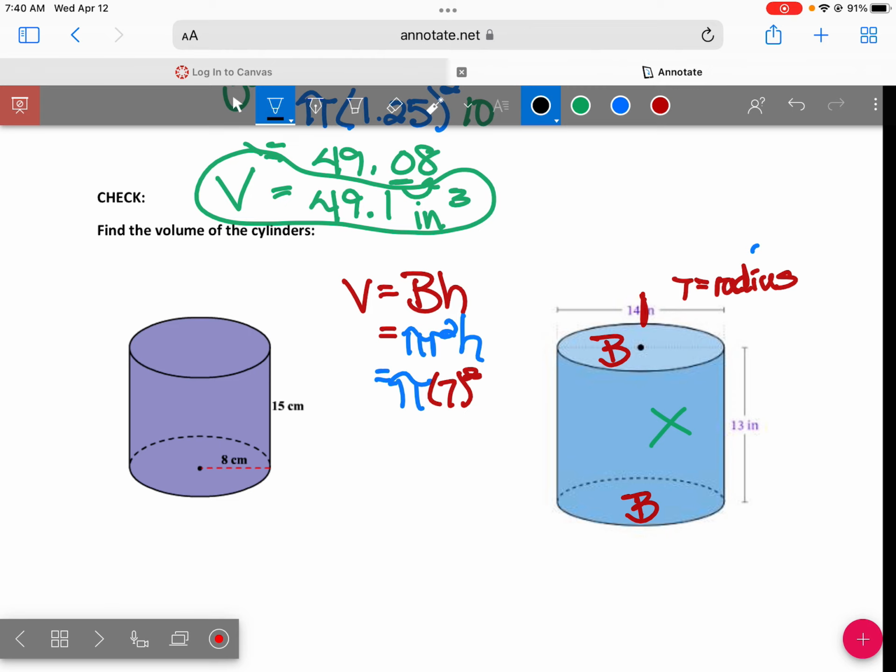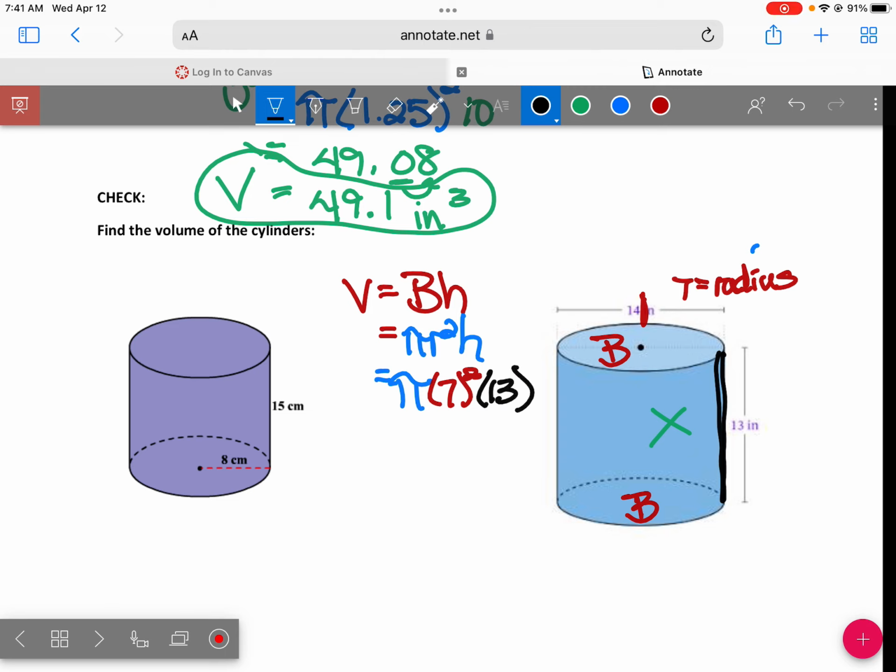Ranisha, what is the distance between the two bases? 13. Yeah, your height of that cylinder is 13.